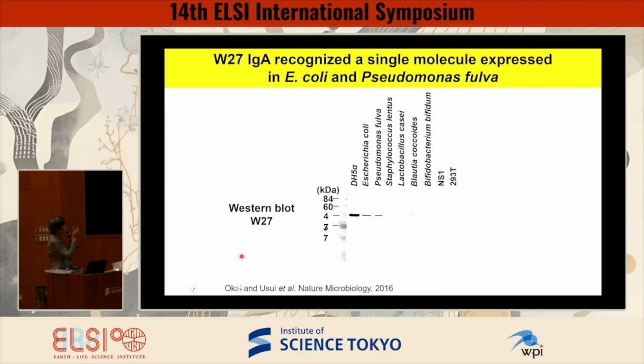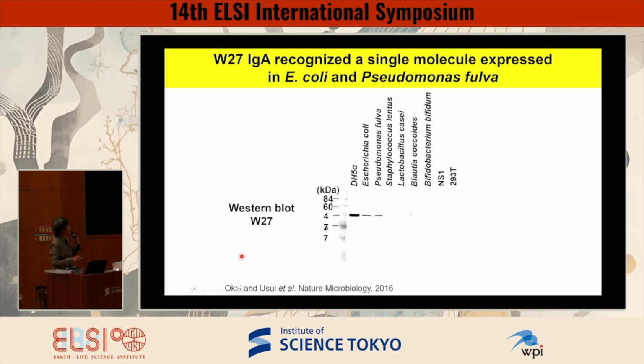Then we just did a simple Western blot. Each bacterium and the human and mouse cell lysates were checked by Western blot with W27. As you see here, for the beneficial bacteria and the mouse cells and human cells, W27 did not recognize almost anything, but here you see clear bands.